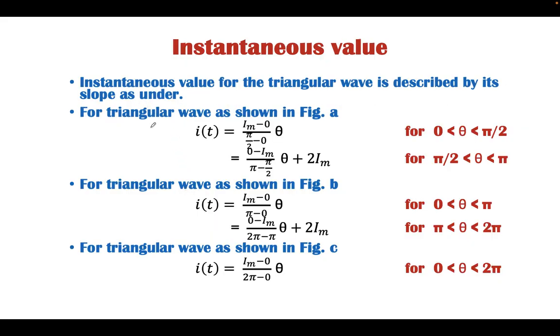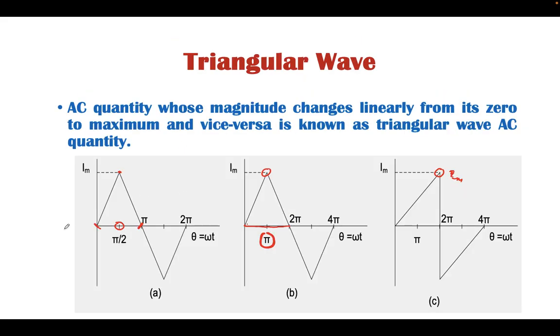Now, considering the first waveform, this function can be defined by the slope of this line. What is the slope of this line from 0 to pi by 2? The slope will be negative but of the same magnitude from pi by 2 to pi.